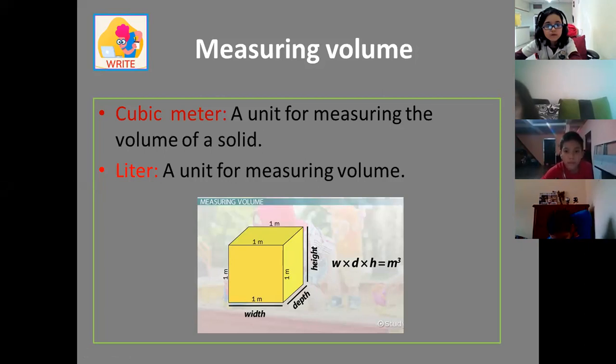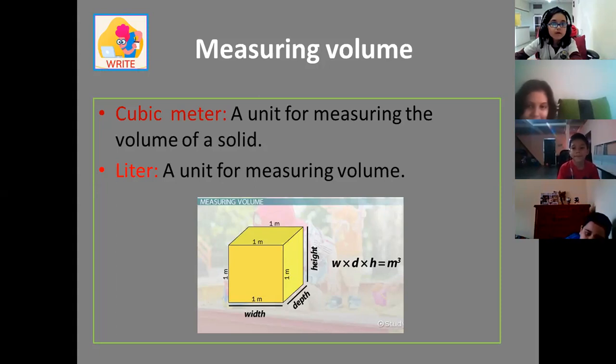So suppose that you want to know how much a box will hold. Imagine that you have a box and you say, in this box, I'm going to put a lot of stuff, but you need to measure to know how much this box is going to hold. So people in ancient times, many years ago, may use things around them to measure the volume.